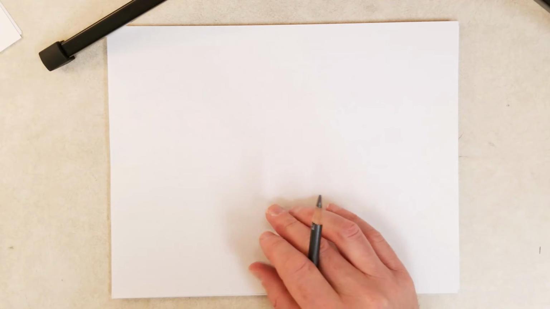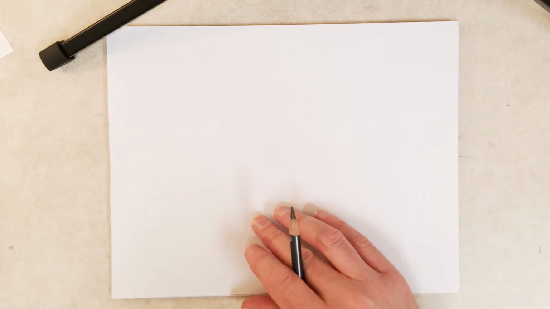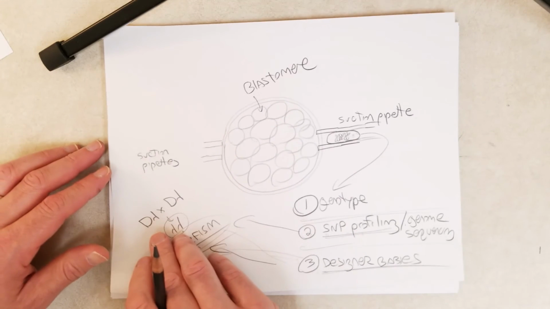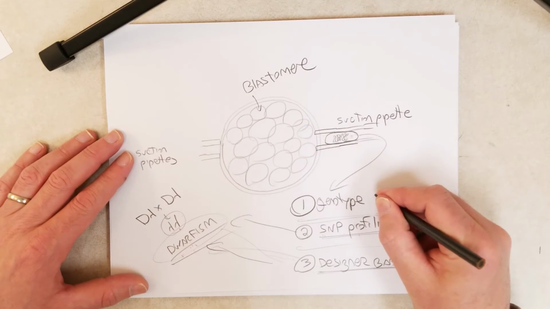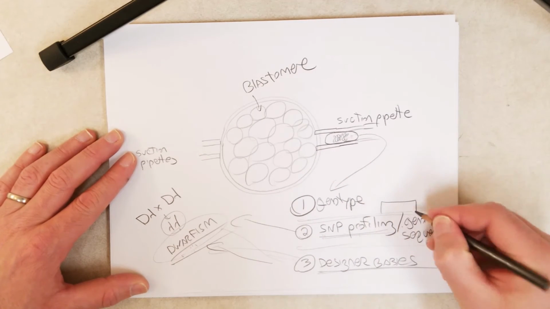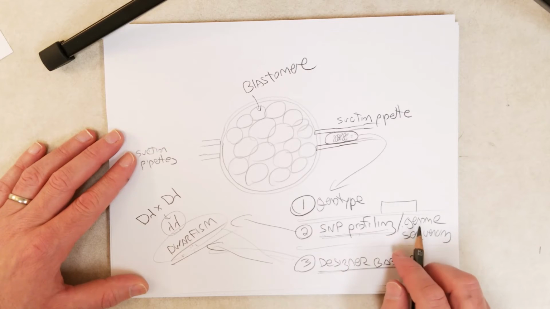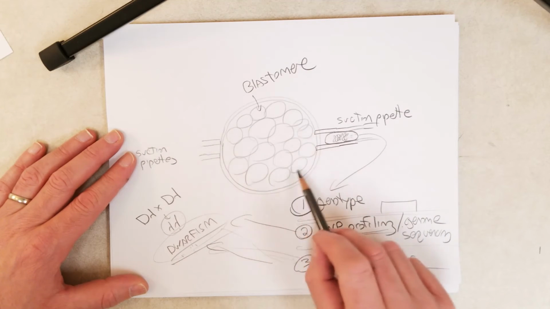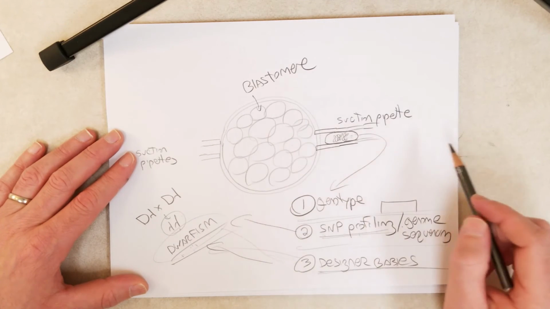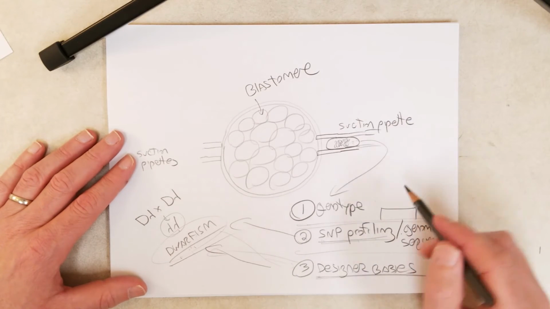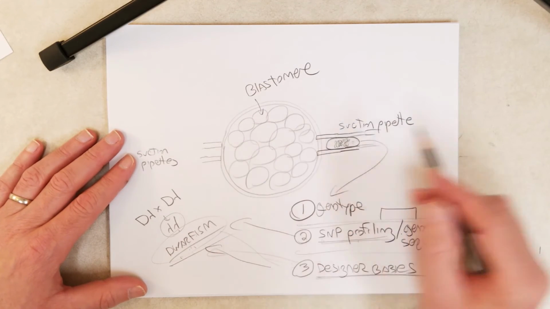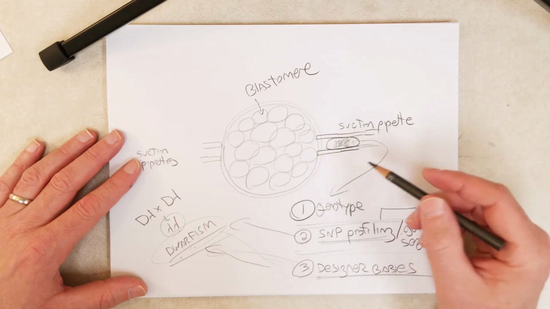So, one thing I wanted to mention is I want to plug a movie here. So, this thing about SNP profiling and genome sequencing, looking at the genome of the embryos to predict, say, the phenotype that parents might prefer for their children.